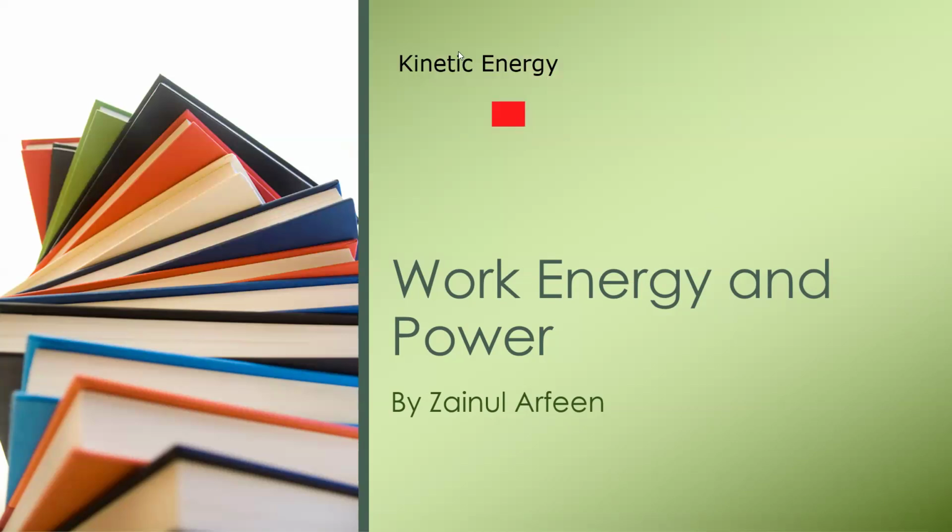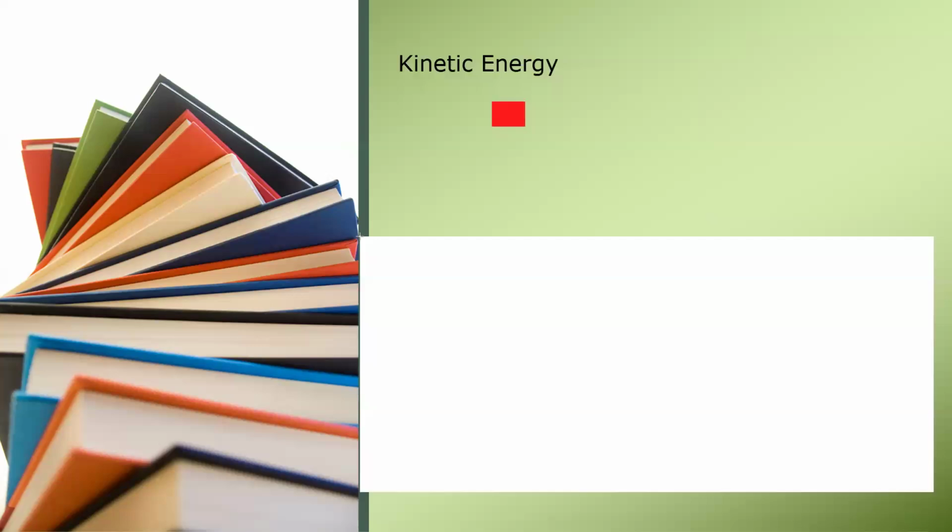You have to learn a short derivation of this kinetic energy. For example, there is an object which is initially at rest, not moving. It experiences a constant force F, the resultant force F. So this object will accelerate with an acceleration of a.